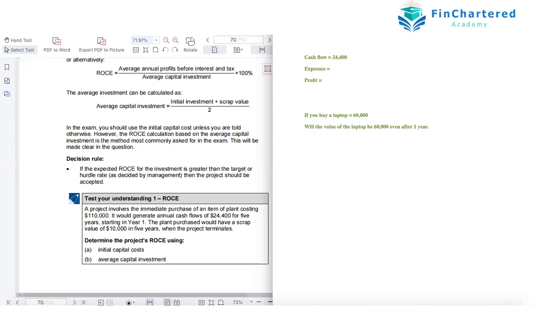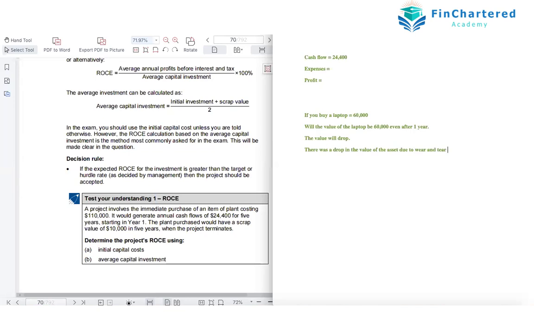No, the value will drop. Why is the value dropping? Because you've used it, no? It's a used laptop. There will be scratches here and there. Maybe it'll be a little slow. There was a drop in the value of the asset due to wear and tear.